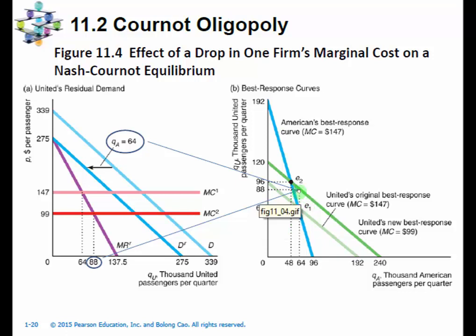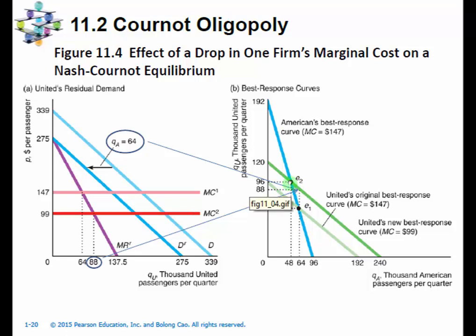However, now because United has a lower marginal cost, its optimal quantity to produce given QA equal to 64 is 88. This is actually a new point on the new best response curve of United Airlines given this lower marginal cost, MC2. And notice this point is actually not the new Nash-Cournot equilibrium.